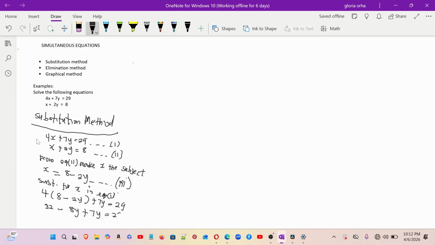So we'll collect our like terms. The minus 8y plus 7y remains on this side of the equation. Then we take the plus 32 to the other side of the equation, and it will be minus 32.